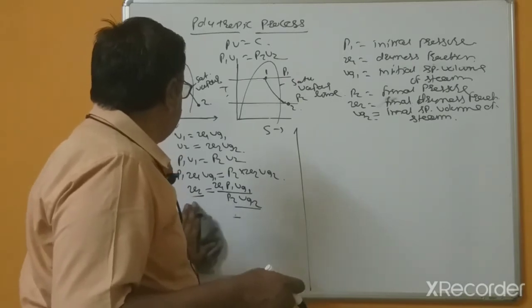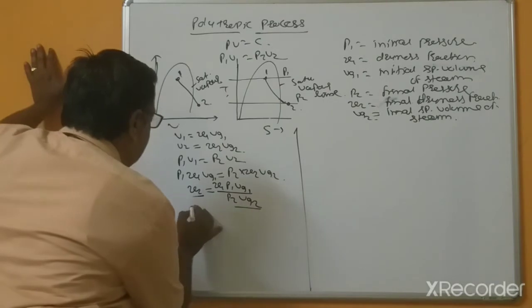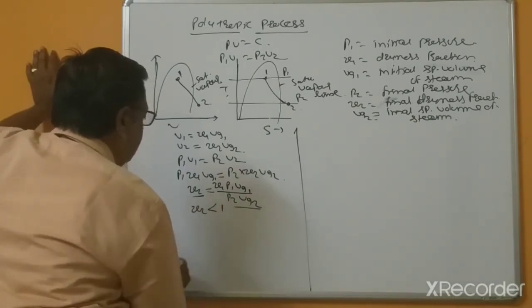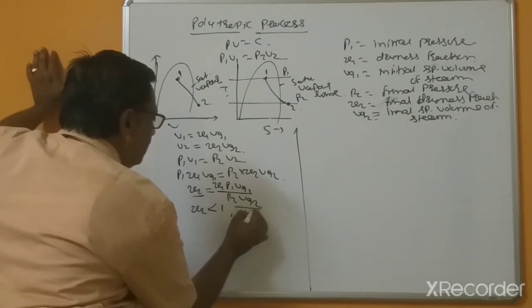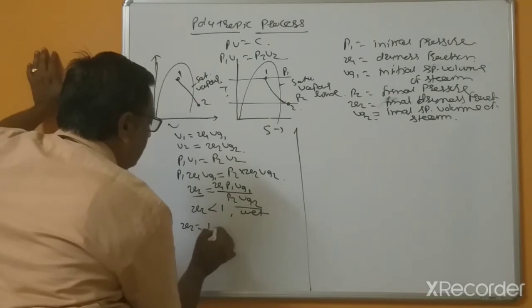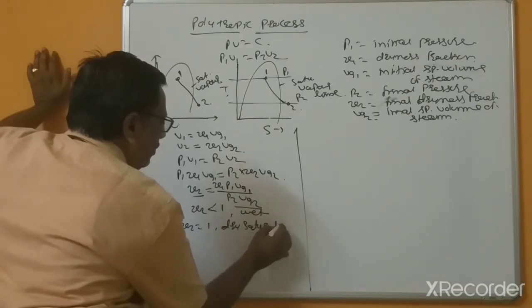Directly, as given in these books, if x2 is less than 1, the steam is wet. If x2 equals 1, it is dry saturated vapor state.